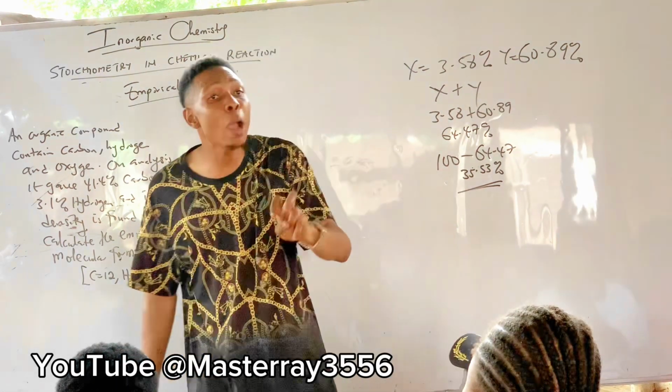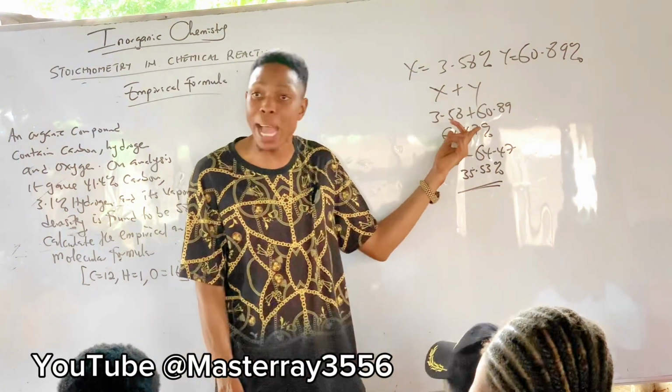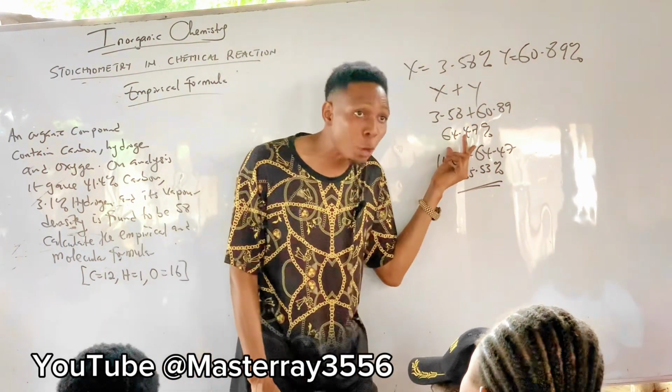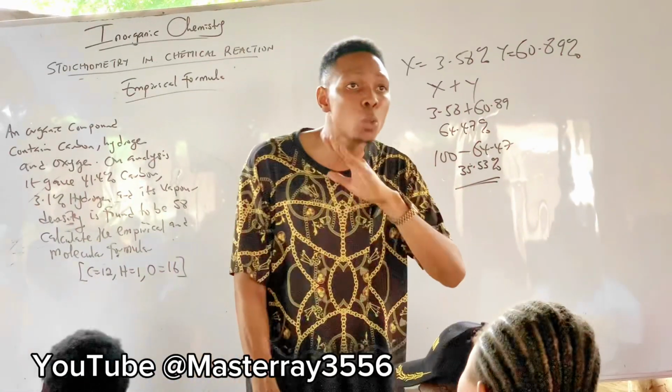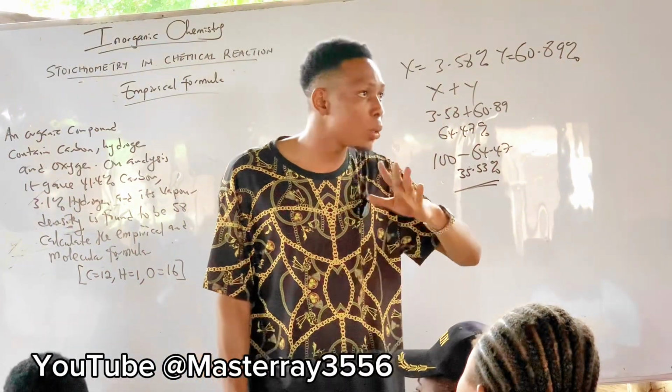But supposing when we added these two values, please pay attention, it was up to 100. Then there is no need for subtracting anymore. So you just go ahead and do your normal calculation.